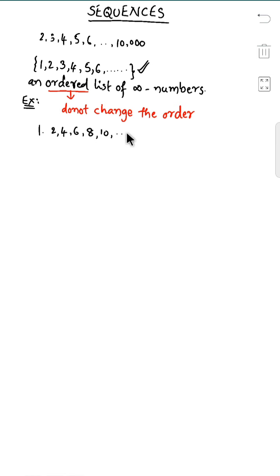This is another example of a sequence. These are all the even natural numbers, right? And if we go to the odd natural numbers, 1, 3, 5, 7, 9, and so on, you can continue like this. This is the sequence of odd natural numbers.